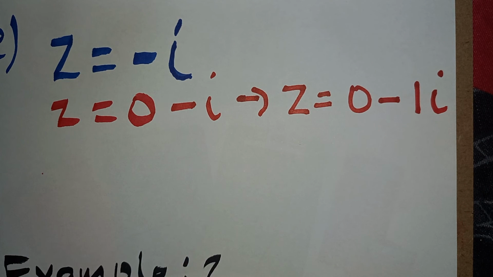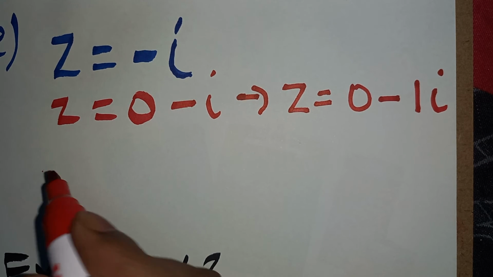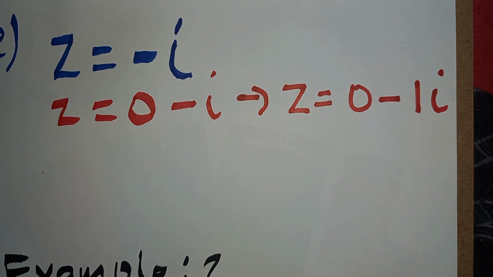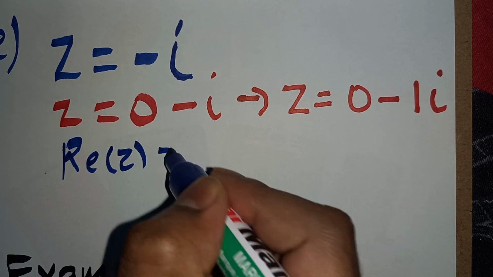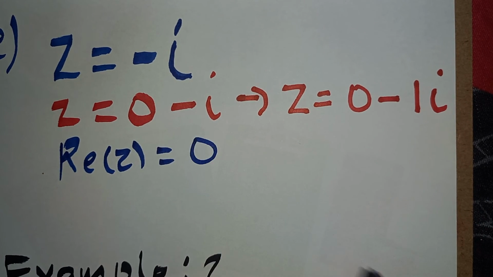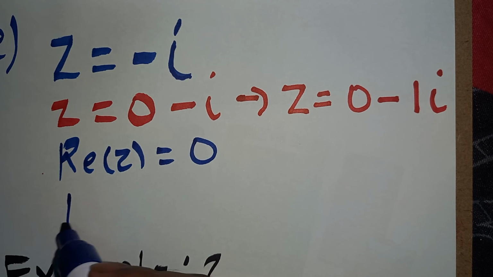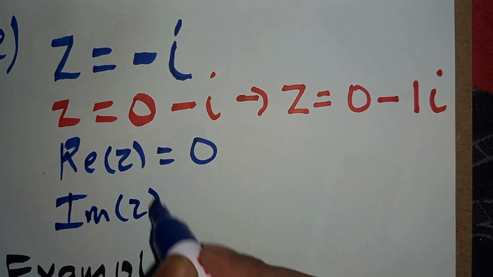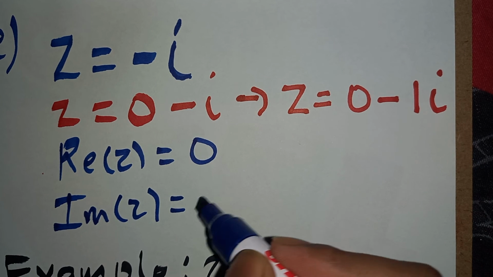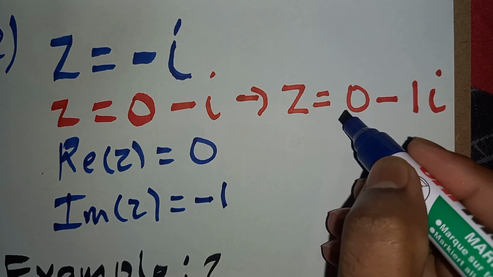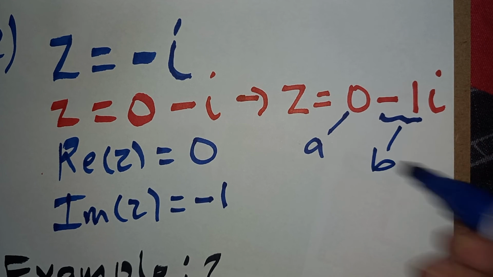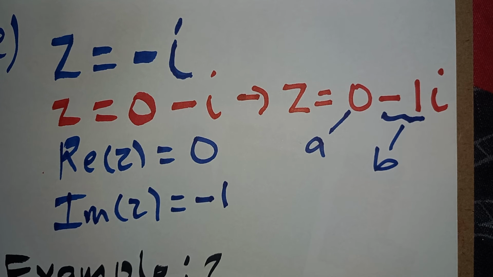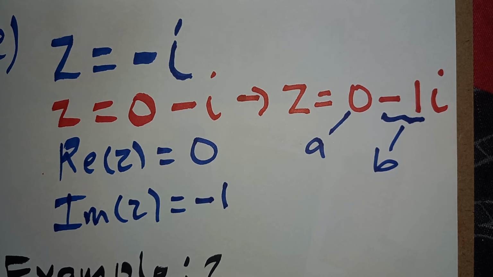But just to identify the part, I am just writing here 1i, right? Okay, so that means the real of z is equal to 0, and the imaginary part of z is basically negative 1, right? So this is our value of a, and this is our value of b. Okay, so that is how we write.